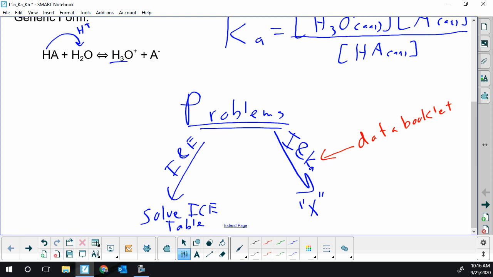But a student who hasn't practiced a lot, is a bit weaker, they'll go and say, all I have is an I value, I don't know what to do. That's in your data booklet, and you need to put a variable in and solve for it. Okay, so I'm going to do 2 questions, one of each format, and then we'll see what's different about Kb's.